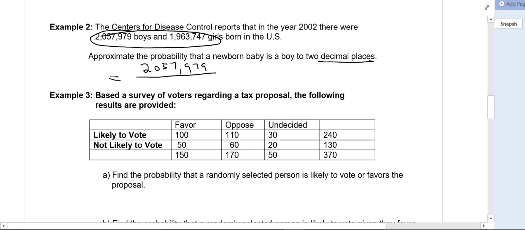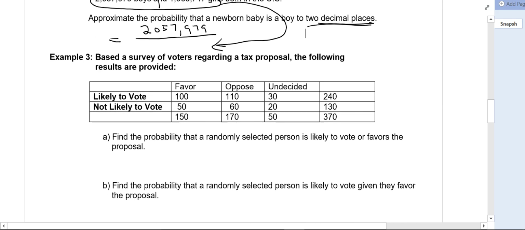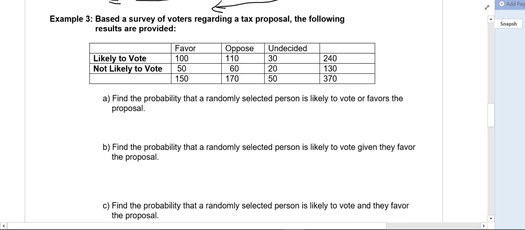So simply add these two numbers up, put that in your denominator, you do the math, and round to 2 decimal places, okay? I'm going to move on. We're already 11 minutes into the video here. Moving on, stop the video, work the problem, all right?